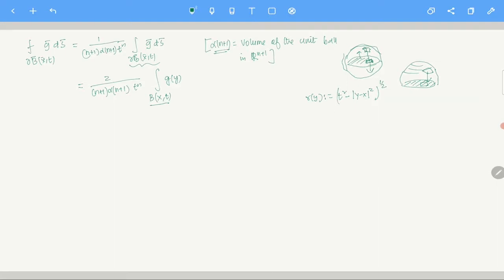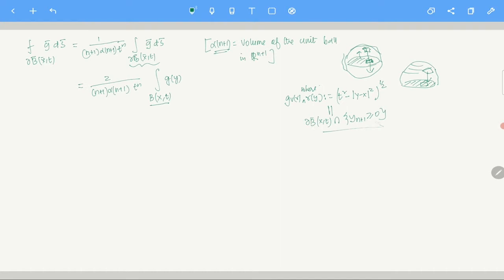So basically the upper half of the boundary of the closed ball B bar(x,t), intersected with y n plus 1 greater than or equal to 0, is essentially the graph of gamma, right, where gamma is this. I hope this is fine.